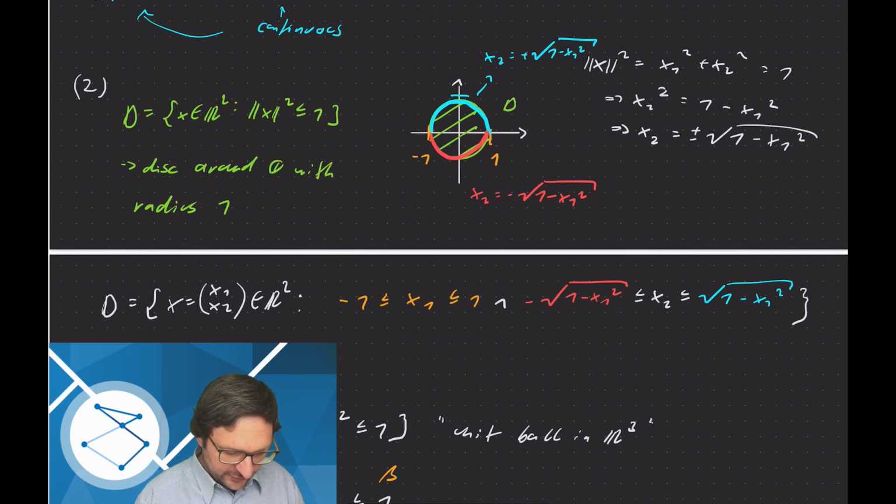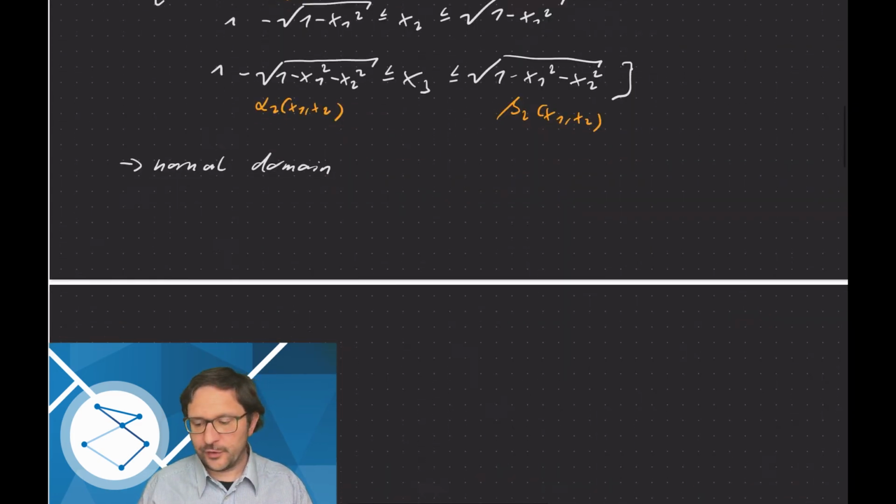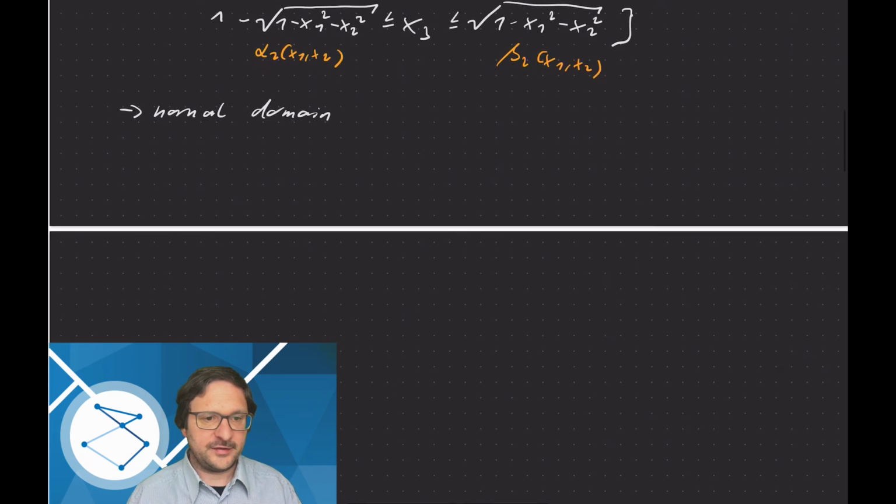You just start with x2 being bounded between those two values, and then describe x1 as a function of x2, right? I just did it this way because that's how we are used to looking at functions. But if it's easier the other way around, and we'll see examples where this is the case, then of course feel free to change the order of the coordinates any way you like. That's not a thing you're bound to.